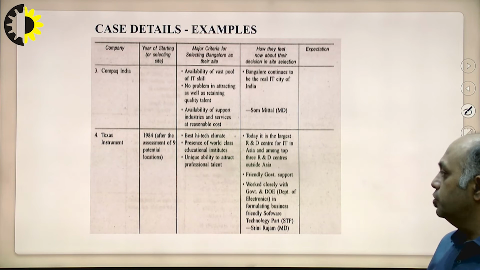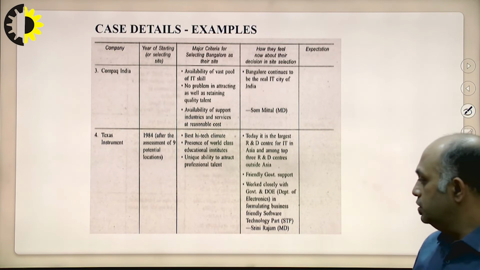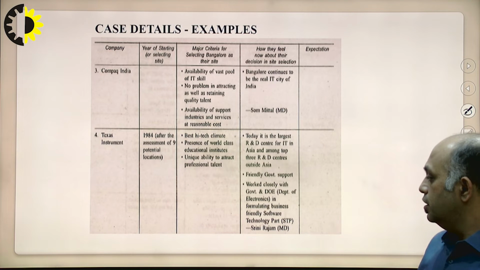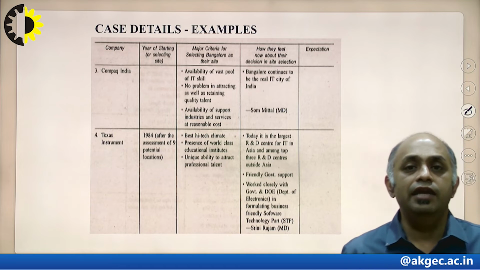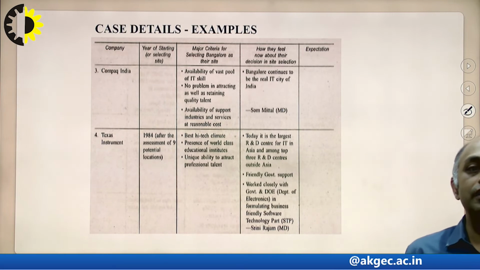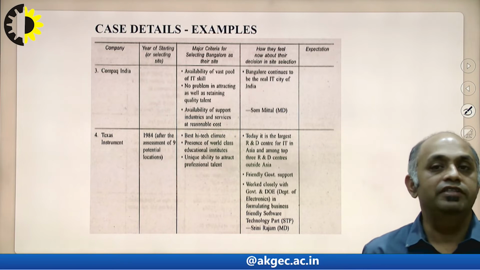There was friendly government support; they worked closely with the government and the Department of Electronics in formulating business-friendly software technology parks, STP, and this is also told by Srini Rajam, the MD of Texas. So here what we have seen is that they have considered all the points and all the parameters to select a facility location, and they are happy now that they have decided that.